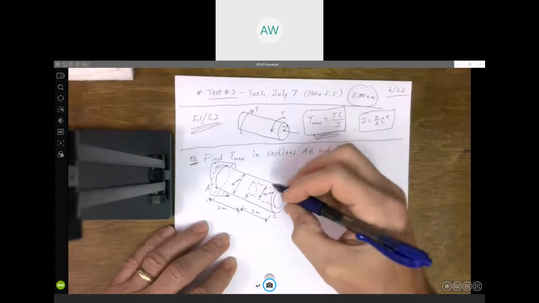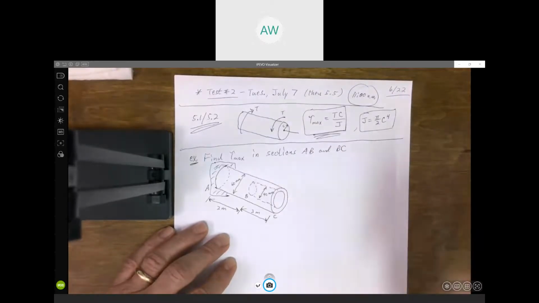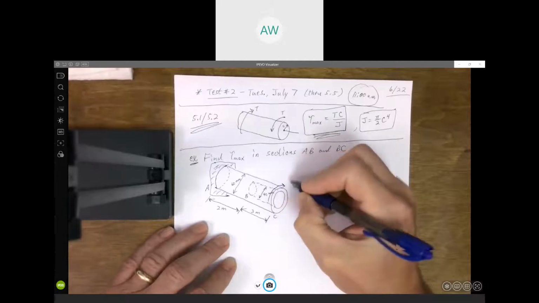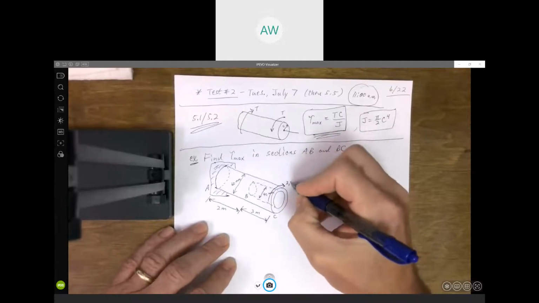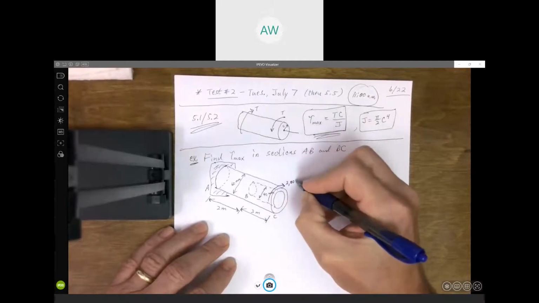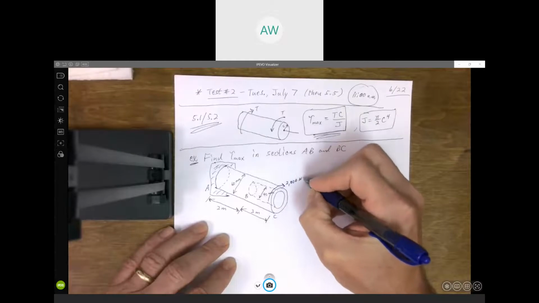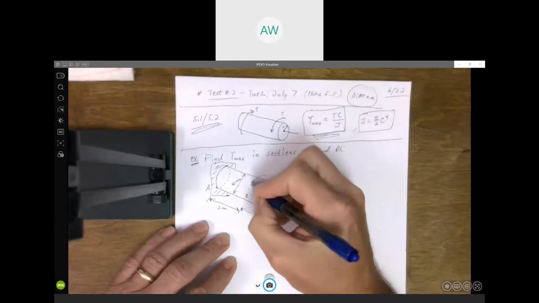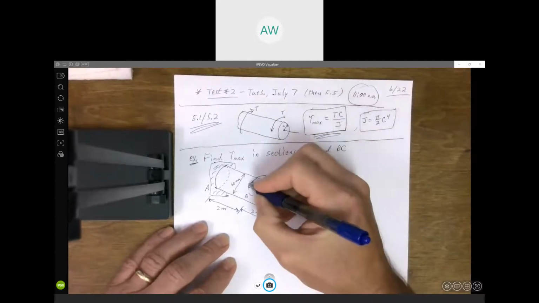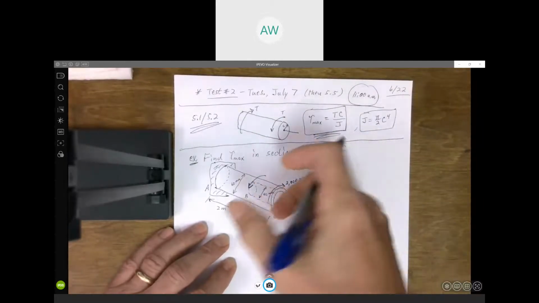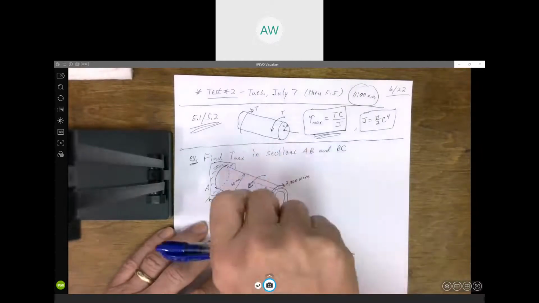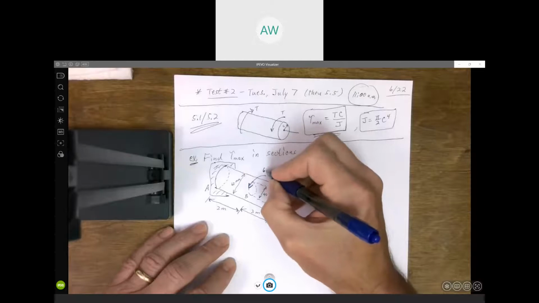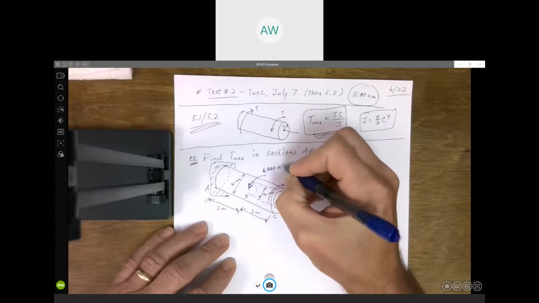There's a torque at this end, acting in this direction, 2,000 Newton meters. And then here at B, there's a torque in the opposite direction. It's twisting it this way, 6,000 Newton meters.